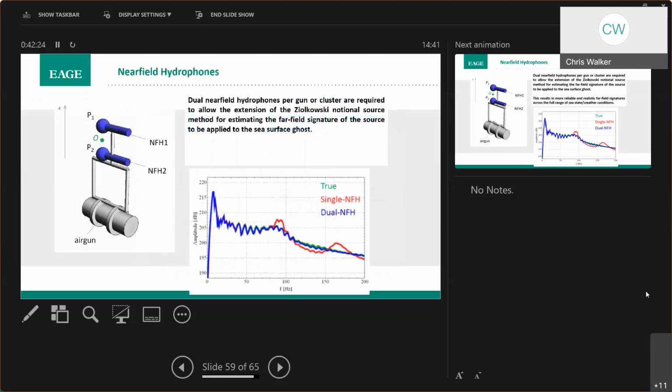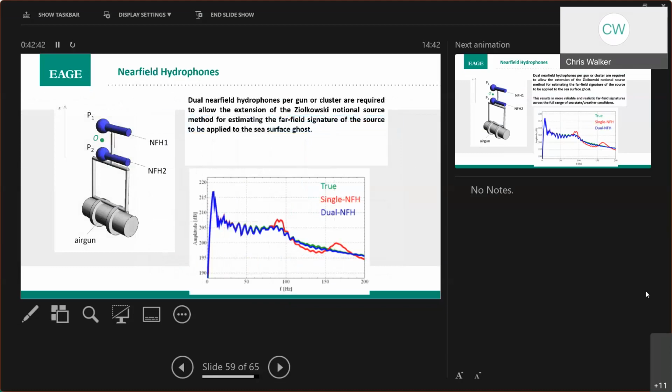On the near-field hydrophone side, there's been work done both by Shell and DUG recently, where people are putting out 2 near-field hydrophones per gun or cluster to allow you to make better estimates of the sea surface ghost.